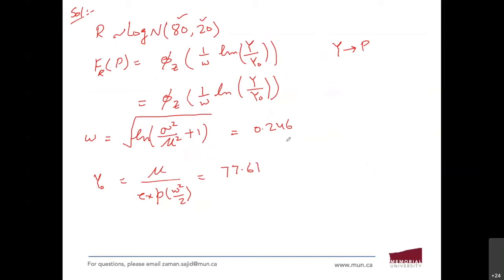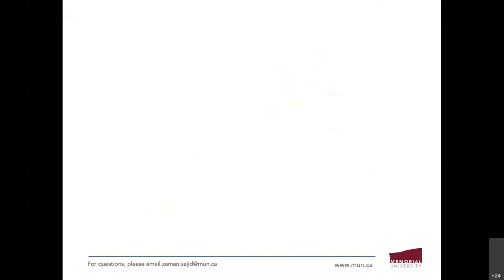So just keep in mind, these are the two parameters that we have to find out. In the first objective, he was asking us to find the probability of rupture given that the load P is 60. So F of R at 60 is what we need to find.